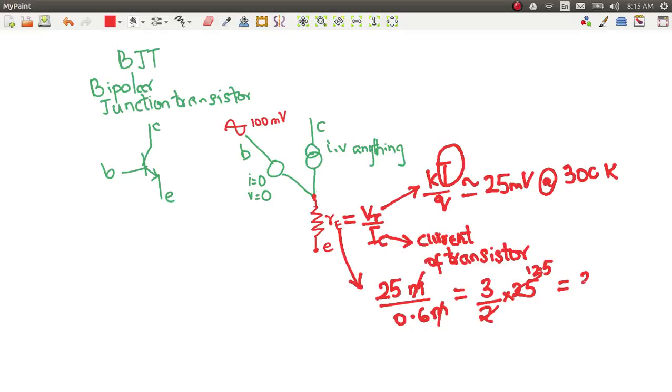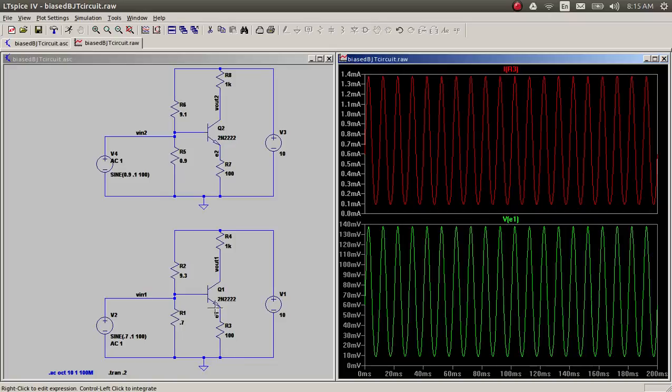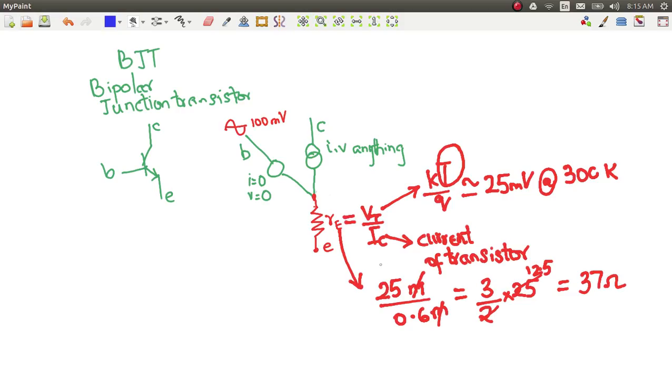So let's say around 37 ohms in the first case. So that means there is a resistor in series with this 100 ohms of around 37 ohm resistance. So I would be drawing a resistor here.